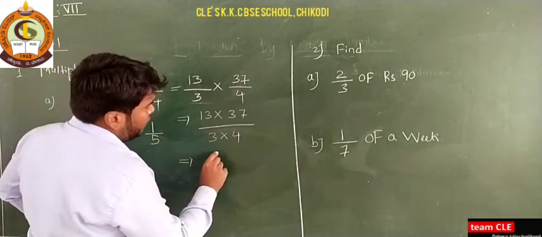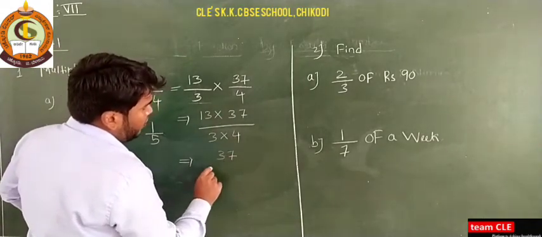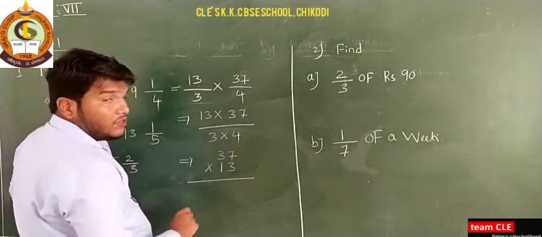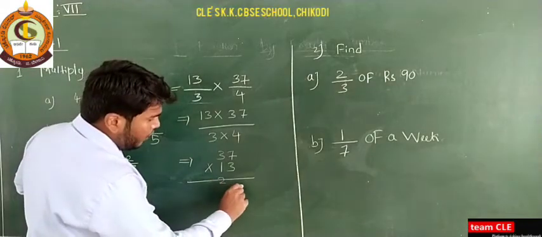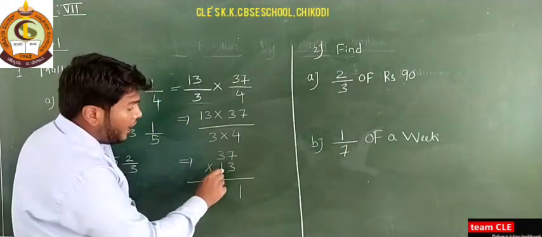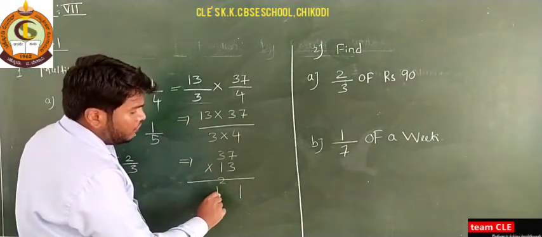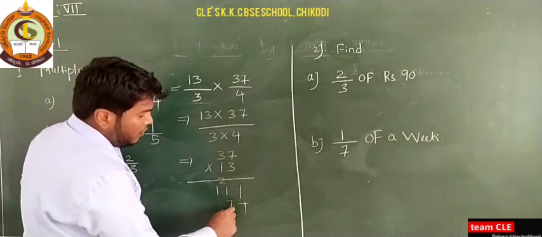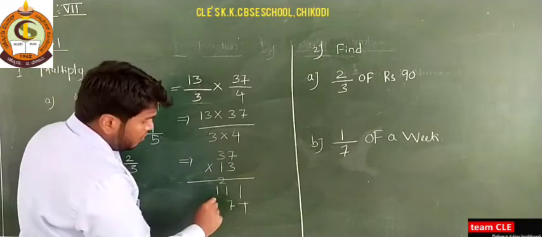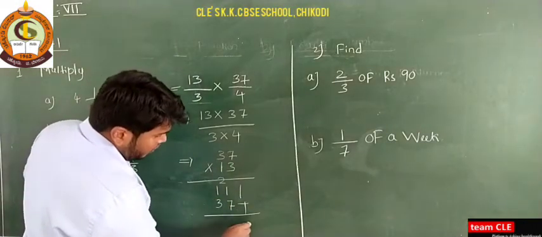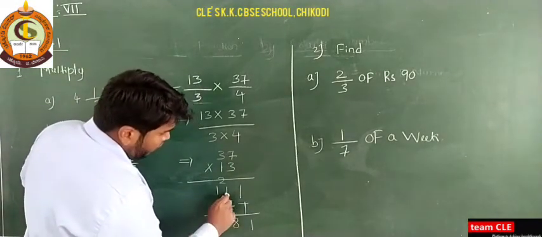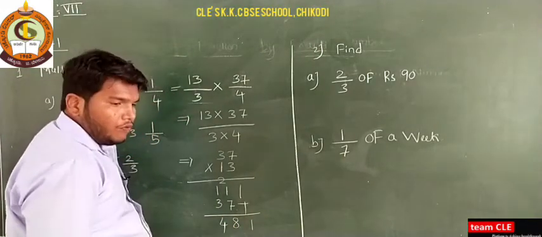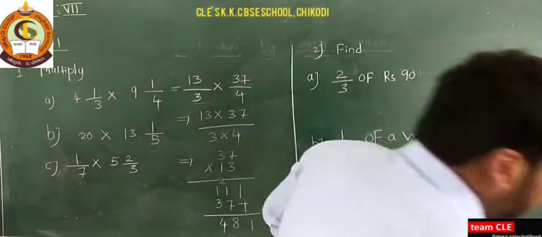So 13 into 37, if you multiply 37 into 13, that is 3 7s are 21 and 3 3s are 9, 9 plus 2 equals 11, plus 1 7s are 7, similarly 1 3s are 3. Okay, so now see, it is 1 plus 7 equals 8, 1 plus 3 equals 4, that is 481.